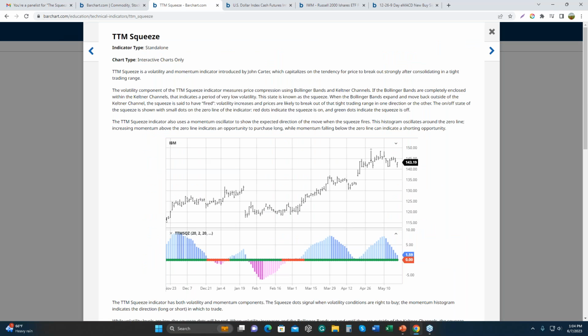Now, John Carter is a famous author and trader who combined two volatility indicators with an oscillator to help him identify when markets are in these periods of low volatility, with the understanding that markets cycle from low volatility, gathering energy, to high volatility when prices move dramatically.